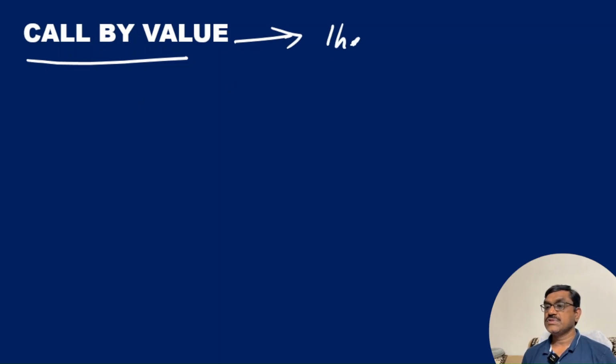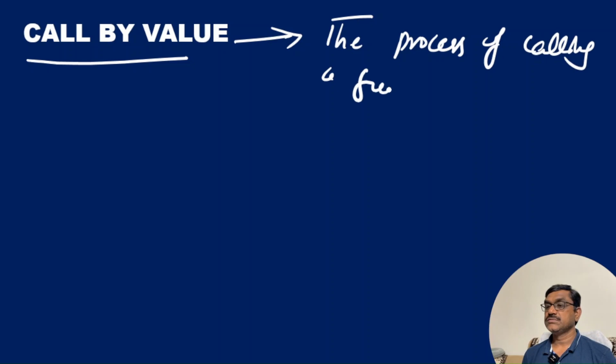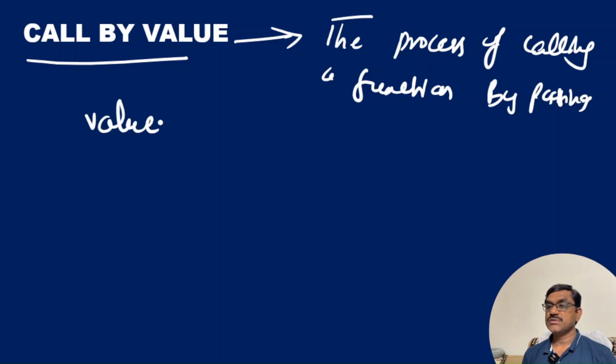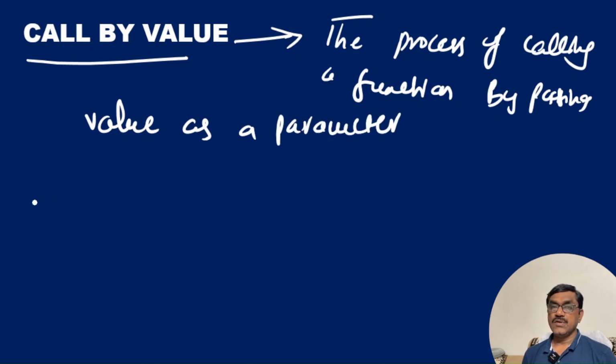See, call by value is the process of calling a function by passing value as a parameter. That's all. The process of calling a function by passing the value as a parameter.